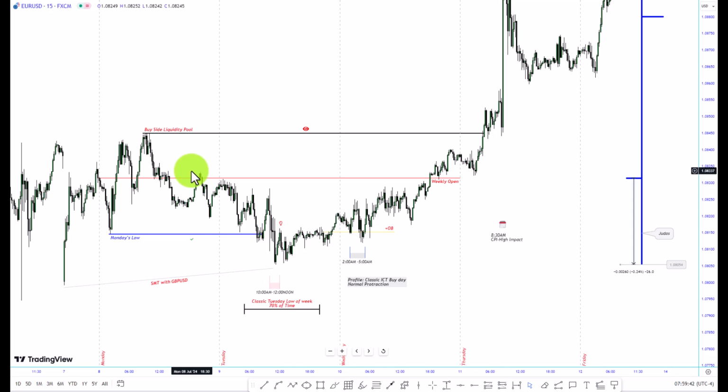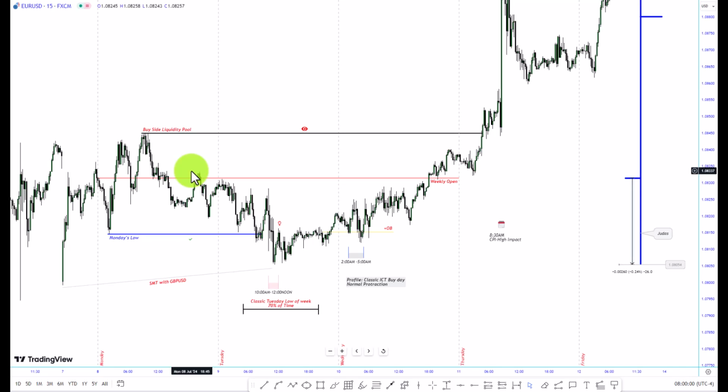That can give us a context that you're expecting some sort of sloppy price action on that particular day. So Monday, let it slide. Of course, the clues for the week are usually generated on Monday. So I let it slide and utilize the data I'm getting over there to judge what I'll be trading for the week. So Mondays at some point give us the accumulation for the weekly range.